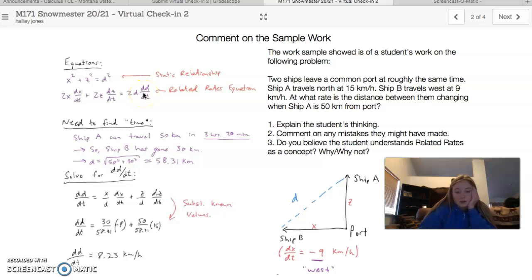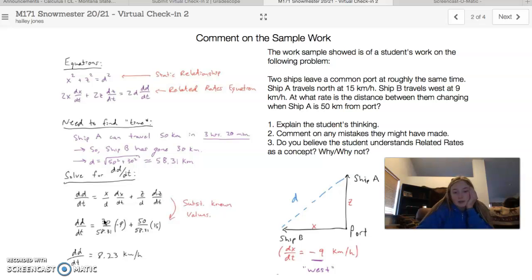So that is where they messed up right here. They set it up weird, x over d and z over d, thinking maybe that's how they were solving for it, but they already solved for d up here, so it just doesn't make sense why they would do that.